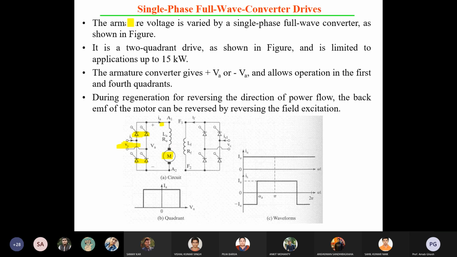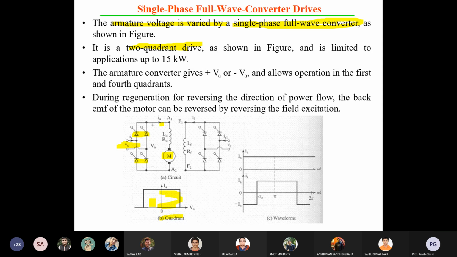So what are you observing here? The armature voltage is varied by a single phase full wave converter. From the figure you can see it's a two quadrant drive, as I have already told you. Two quadrant drive means the first and second quadrants, for both current and voltage.